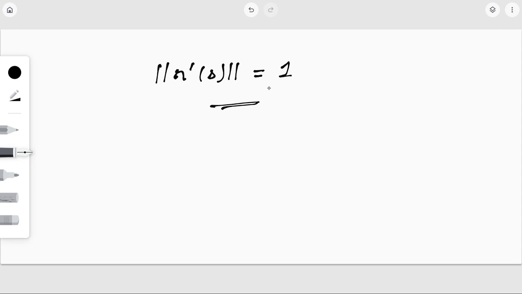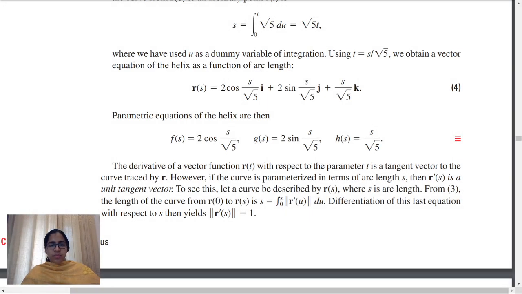You can see that if the curve is described by r of s, that is, instead of t we are using arc length as the parameter, then from the equation of the arc length, s is equal to the integral from 0 to s of the magnitude of r dash of u du, where u is a dummy variable.